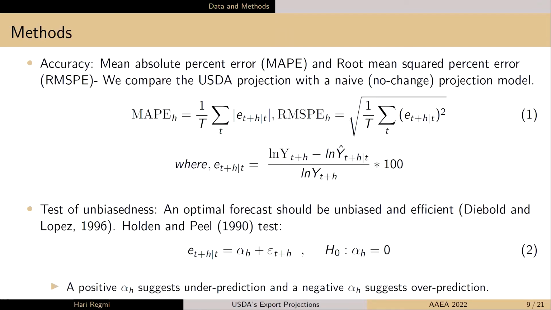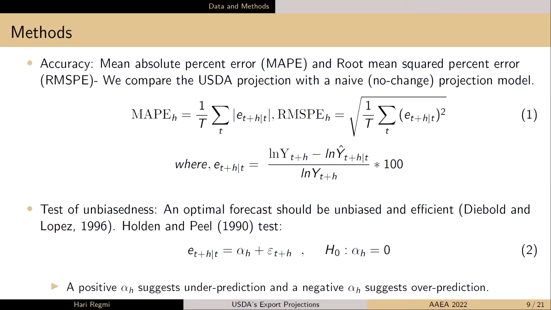So in terms of method, I started with accuracy measures. There are two common measures of accuracy in the forecast evaluation literature: mean absolute percent error and root mean square percent error. Here I'm comparing the USDA projection with the naive projection model.